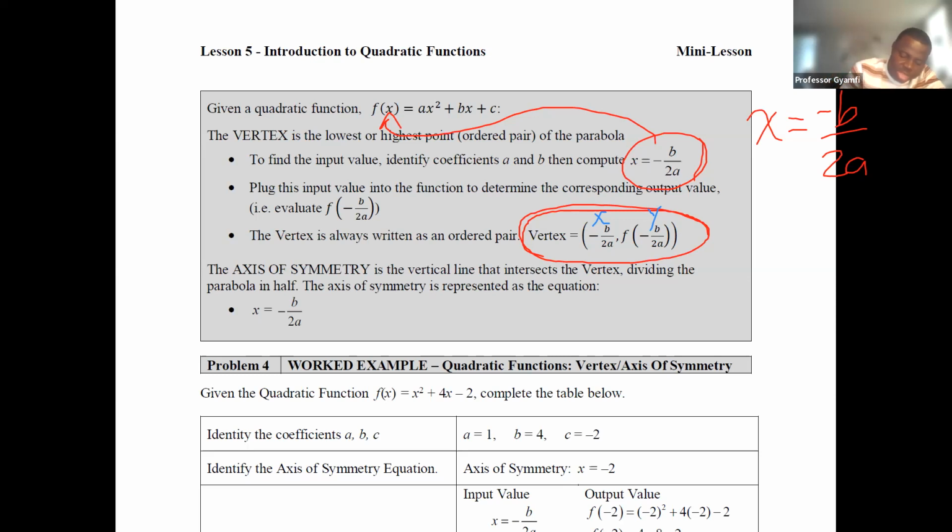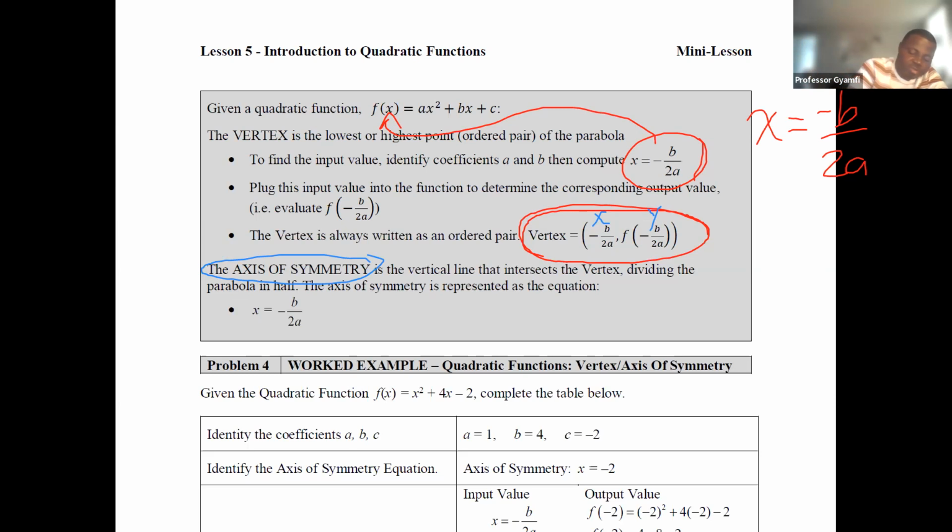Now, what is the axis of symmetry? The axis of symmetry is a vertical line that intersects the vertex. It goes through that point and divides the parabola in half.